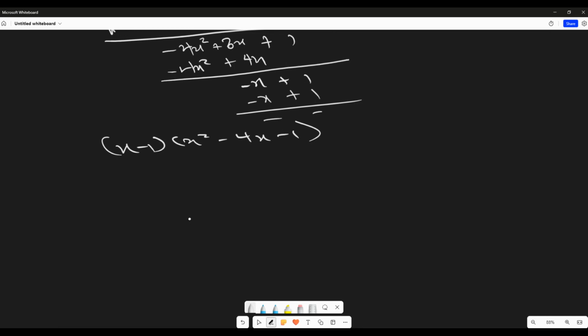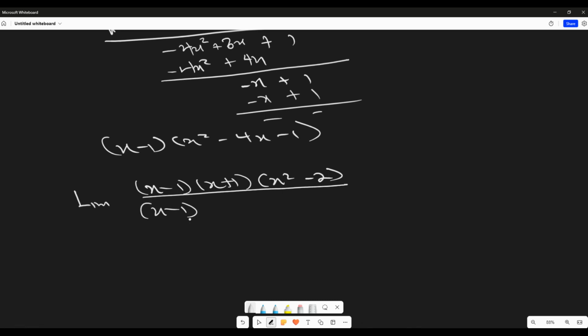Now, it means our limit is now reduced into the form x minus 1, x plus 1, x squared minus 2. That's the factorized form of the numerator. The denominator is x minus 1, x squared minus 4x minus 1, as x approaches 1.